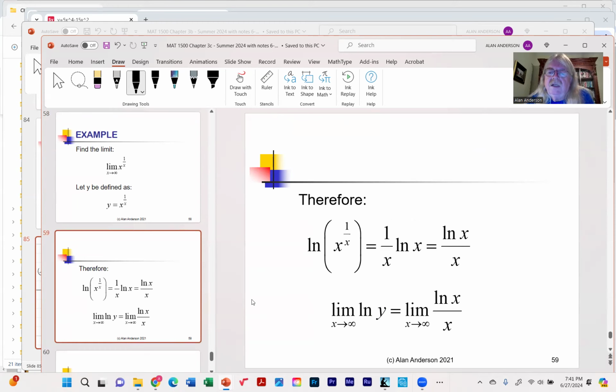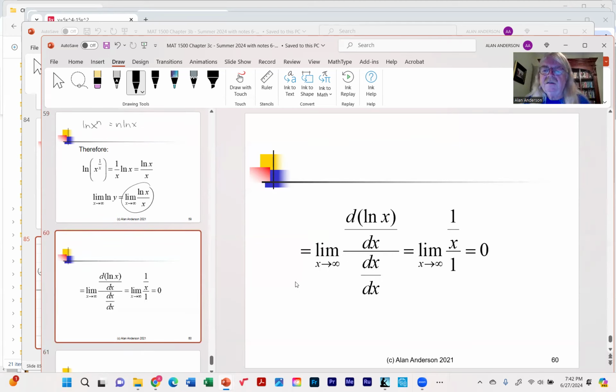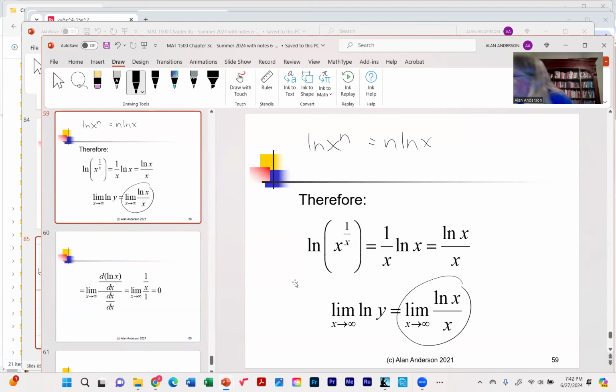So based on the properties of logs, remember, we're going to rewrite this as 1 over x log x, or log x over x. So when we take the limit, the limit of the log as x goes to infinity is infinity. And this one is also infinity.